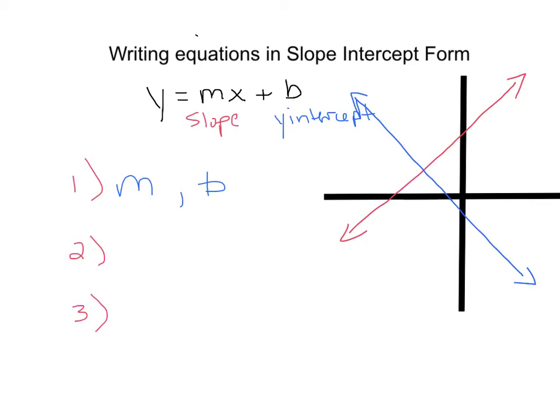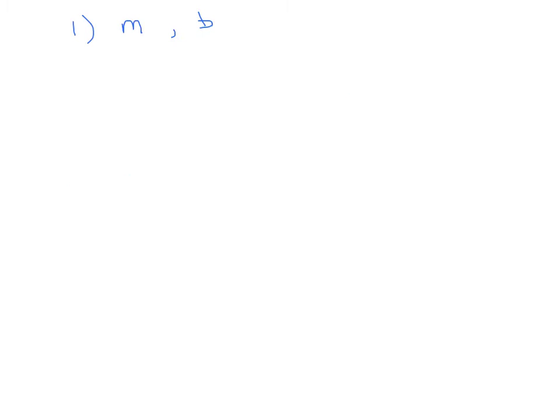The second situation would be if we have the slope and the second thing we have is 1 point. The third situation is if we have two different points. And the goal, no matter what we're trying to do here, is to turn this information into an equation of a line. We'll look at each of these three situations separately.